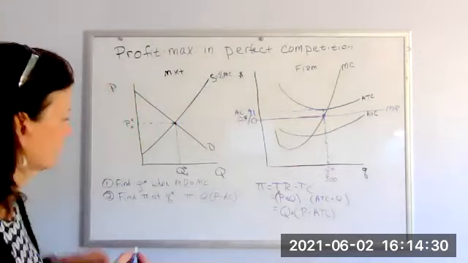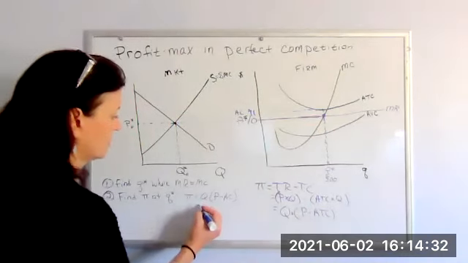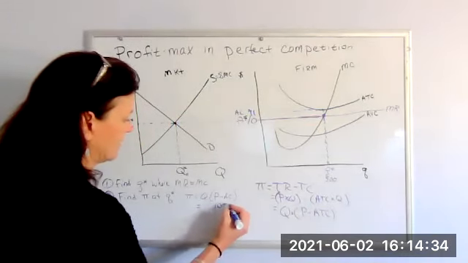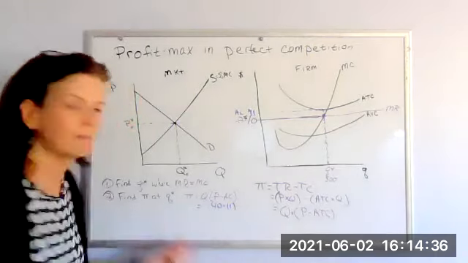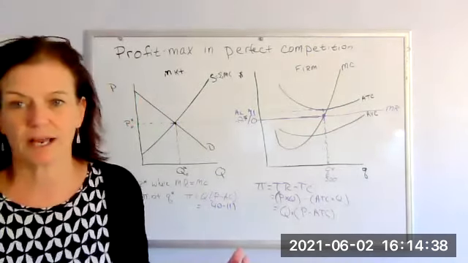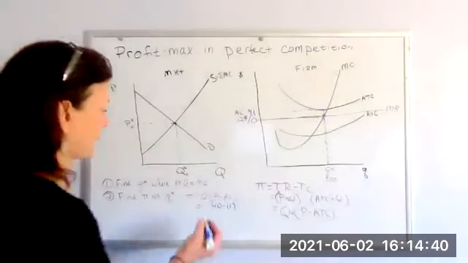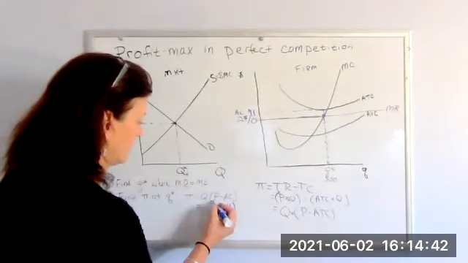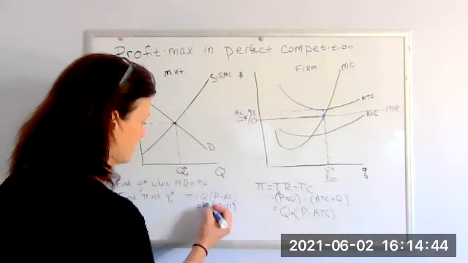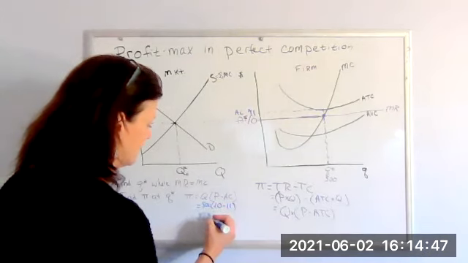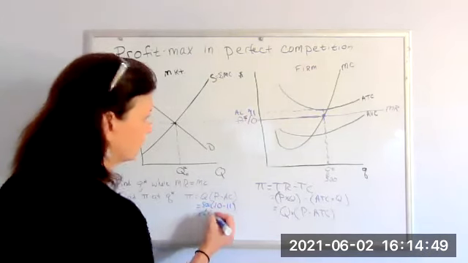My price is $10. My average cost is $11. I'm losing $1 a unit on average. And that's going on over 500 units. So my profit is negative $500.